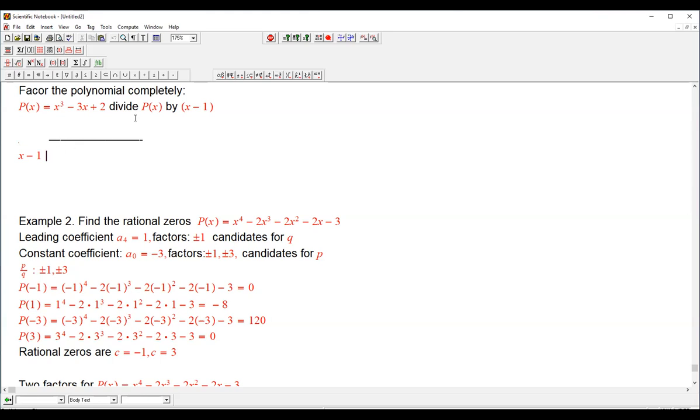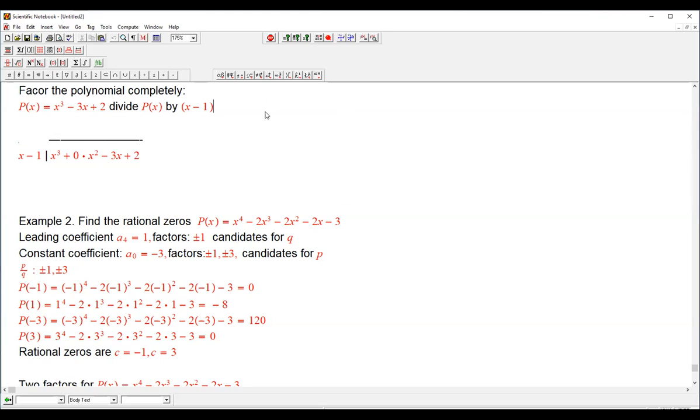Okay, separate it. So now I'm going to have x raised to the power 3. And remember, we have the x squared term missing. So that's going to be 0 times x squared. Okay, so we start our long division. So we're going to pick a number on the top.